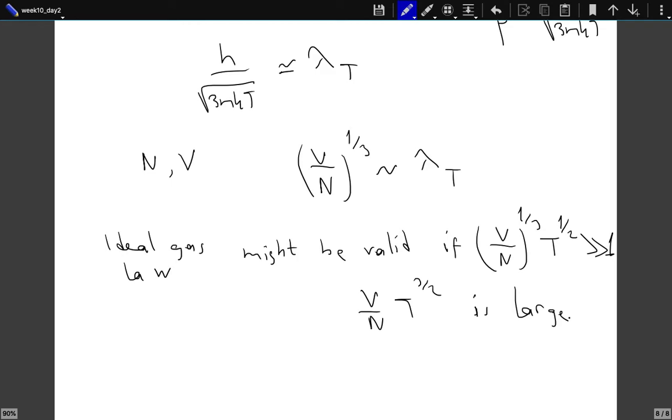But if V over n is small, the density is high, and the temperature is low, well, you cannot avoid the quantum mechanical effects. What I mean by the quantum mechanical effects is this: the ideal gas law is valid when we can ignore the potential between them.